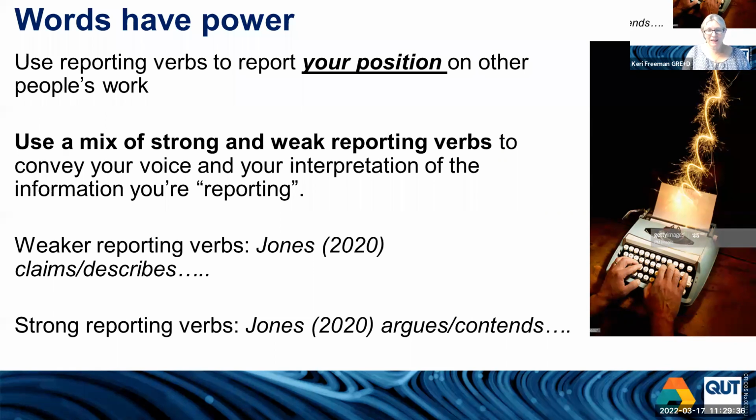So Jones claims something, you're putting forward the view that you might not really agree with Jones. Strong reporting verbs are ones like argues, contends. If you're saying Jones argues something, then that's putting forward your position that Jones has a strong point, whereas with Jones claims, you're putting forward that you think he or she has a weaker point.